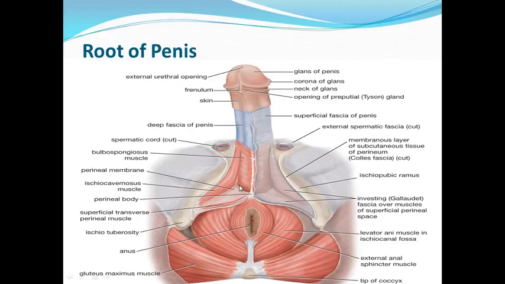And one more important point, sometimes a 2 marks question is asked: what is the intrabulbar fossa? The intrabulbar fossa is nothing but a dilatation in the floor of the bulb.